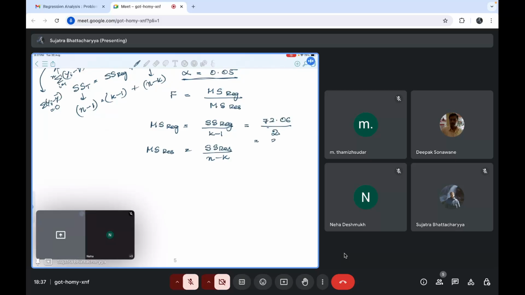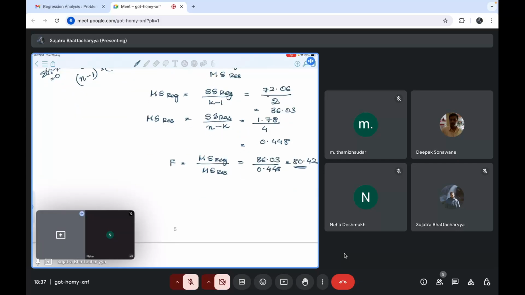Comes out to be 36.03. Here, for residual, I am taking the value I have got, 1.78. You can take 1.71 also, divided by 4, because 7 minus 3 is 4. This comes out to be 0.448. Finally, the F statistic is MS regression divided by MS residual, 36.03 divided by 0.448. That comes out to be 80.42, which is a very high value, no doubt.